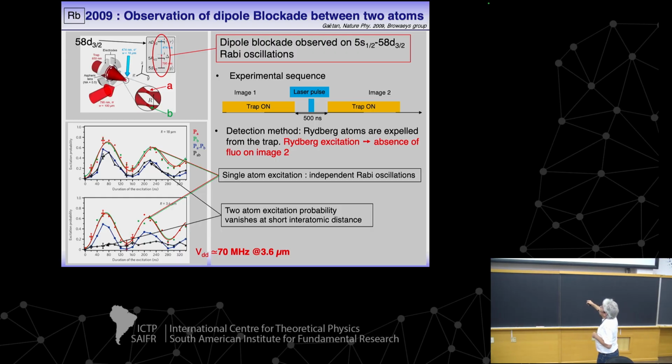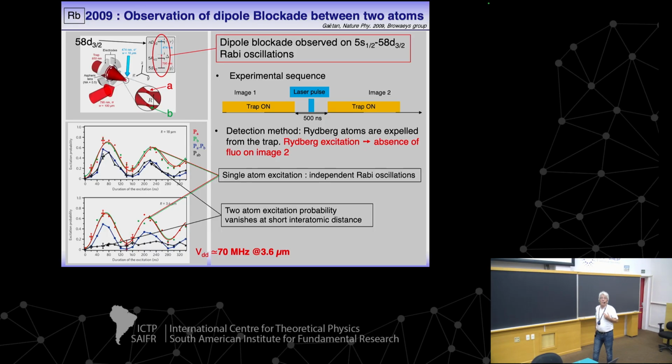The blue dots correspond to the product of the single atom signals. And you see that the 2 atom signal is just within noise the same as the product of individual atom signals, which means that the atoms behave independently in this first experiment.